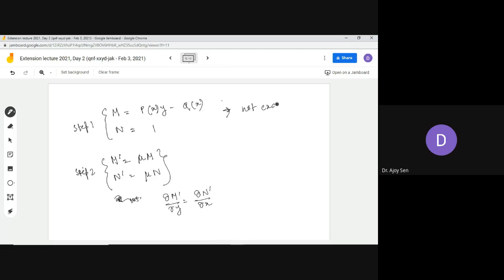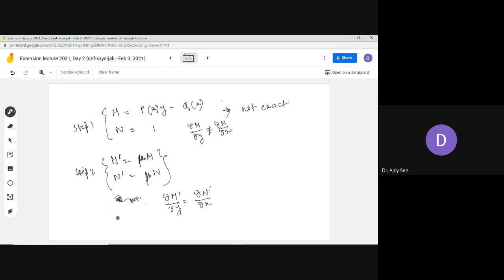You will check, because this kind of equation does not satisfy the relation del M del y equals to del N del x. So from this you just multiply by this mu, both M and N, and whatever will come we will say as M dash and N dash respectively.